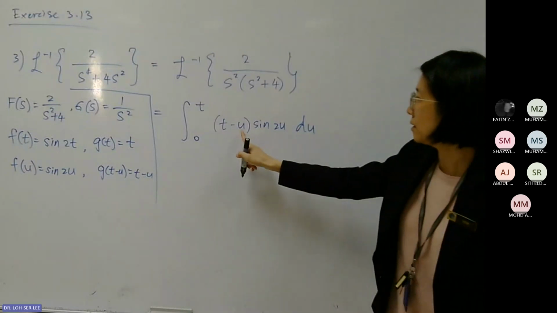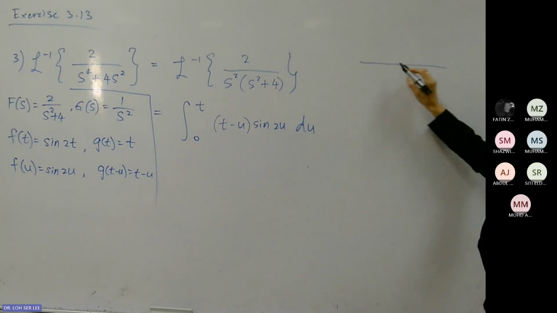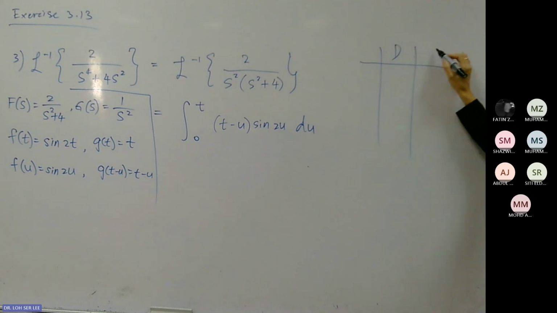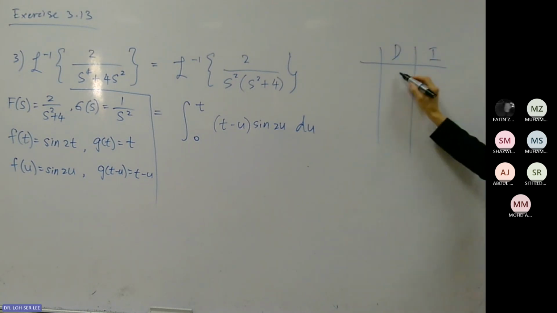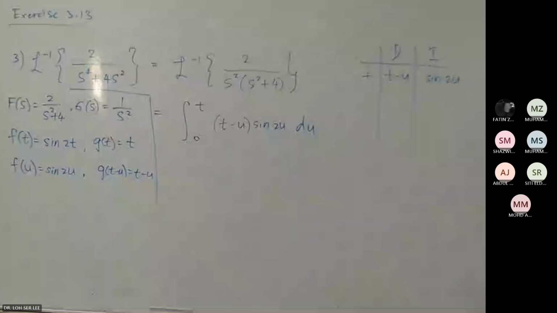This is a polynomial, and this is sine, so we have to use the tabular method. I'm going to put it here: t minus u and sine 2u.